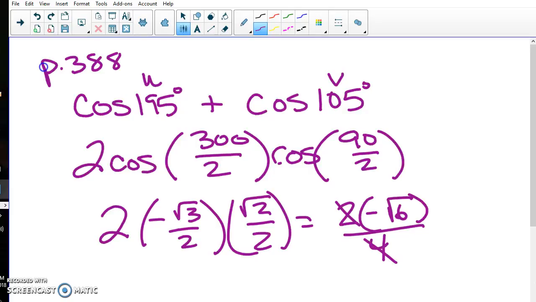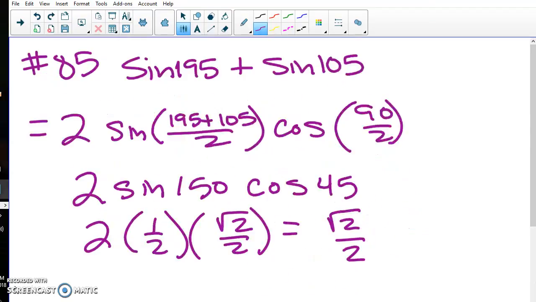These guys cancel. We get negative square root of 6 all over 2. Final solution and exact solution. So go ahead and try problem 85. So you see a solution here. You can stop if you need to look at it.